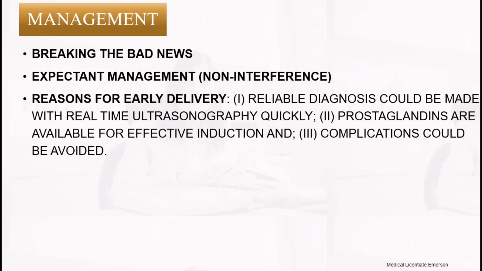Then what are some of the reasons why you should not do expectant management? Reasons for early delivery: a reliable diagnosis can be made with real-time ultrasonography weekly. Then we can have prostaglandins, if available, for effective induction, and complications could be avoided. These are some of the reasons why you may do early delivery as compared to expectant management.